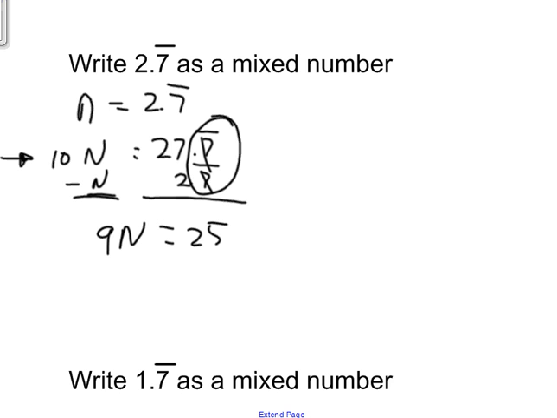So now I can say that n is equal to 25 over 9.